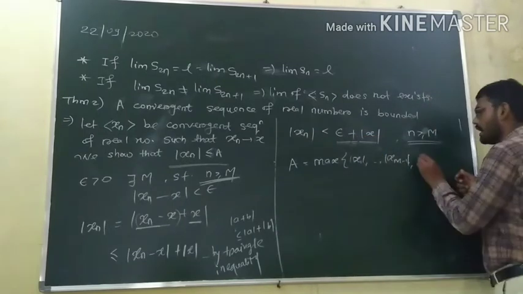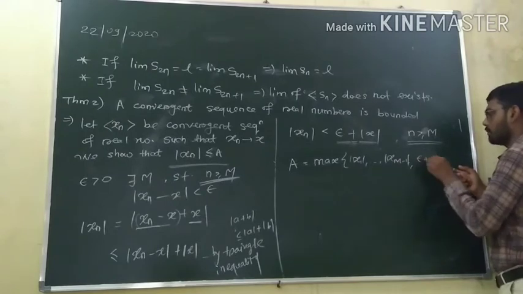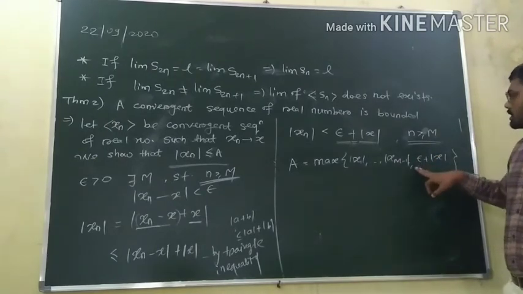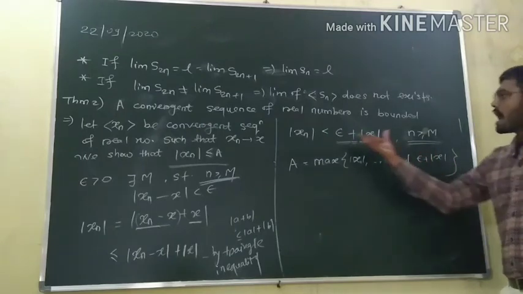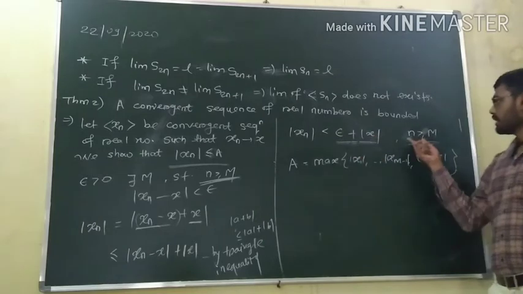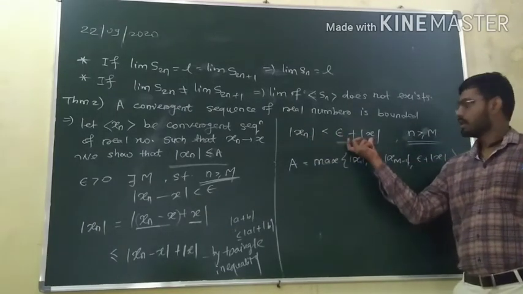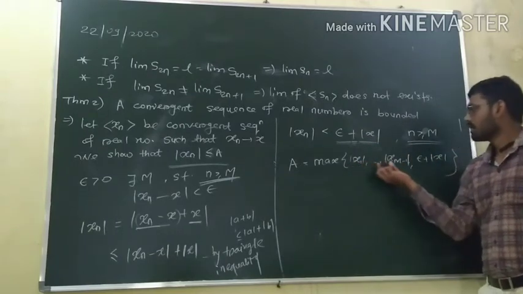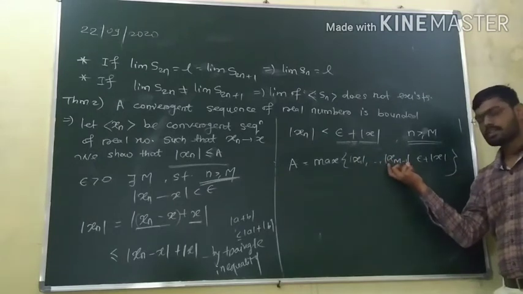And so we write here epsilon plus mod of xm. Why? Because the terms from xm plus 1 onward are already less than this. See here, whenever n is greater equal m, mod of xn is less than this. So we only have to think about the previous terms like mod of x1, mod of x2, mod of x3 up to mod of xm minus 1.